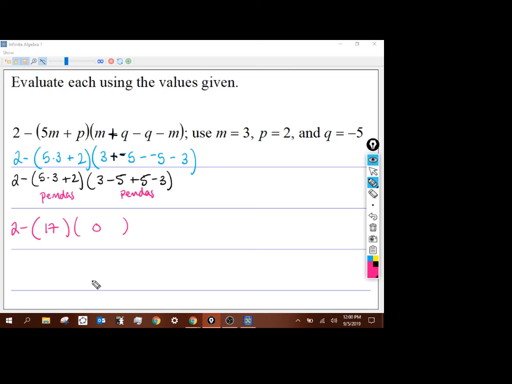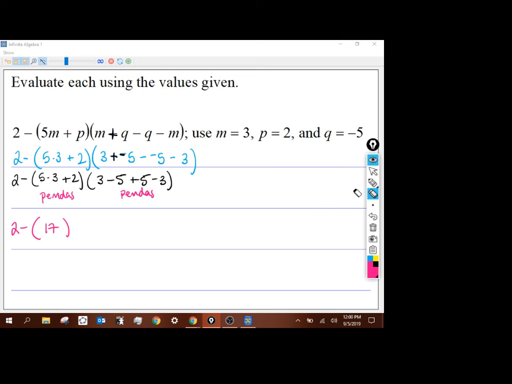But I should still be using the value of 0. Does that make sense? 0 is a number. So when everything dwindles down to 0, you still need that to take the place of 3 minus 5 plus 5 minus 3. It doesn't vanish, because I'm afraid that people are going to say, well, this goes to 0, so then that's not there. It vanished. I have 2 minus 17.